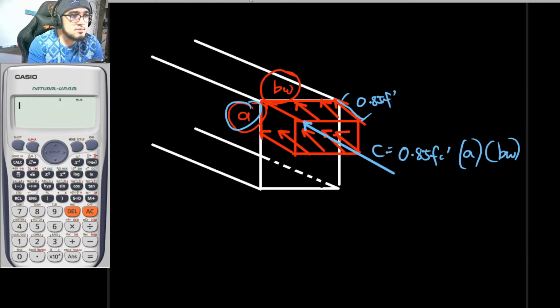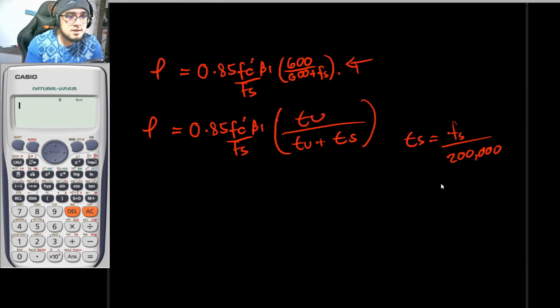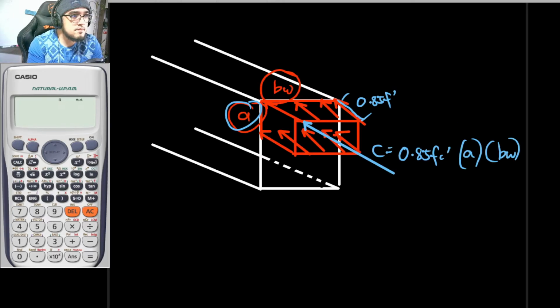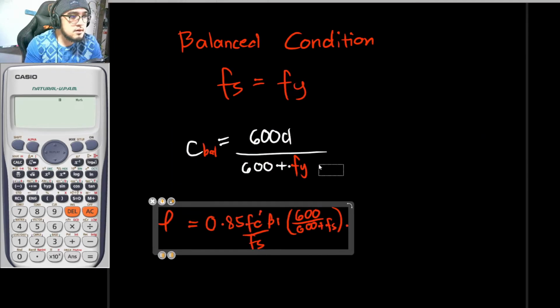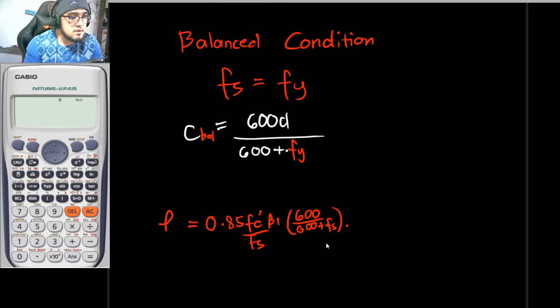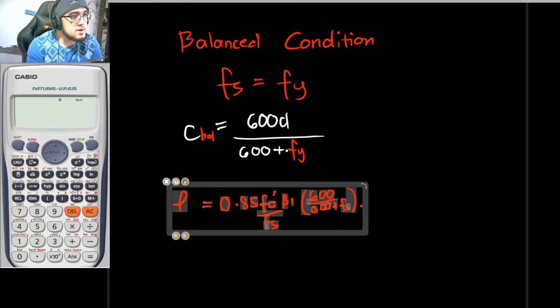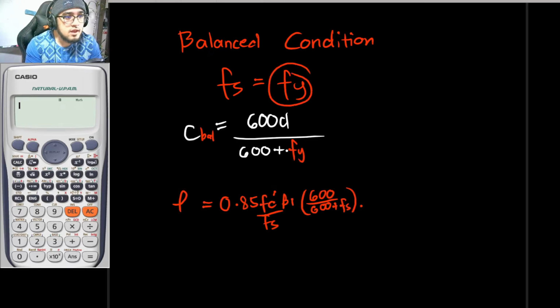And in the latest equation that we have derived, once again, if I substitute the value of Fy for the value of Fs, I will be erasing this and replacing it with Fy.